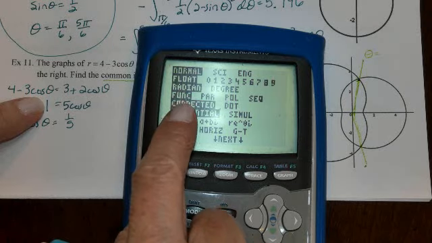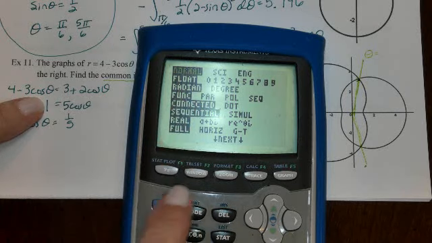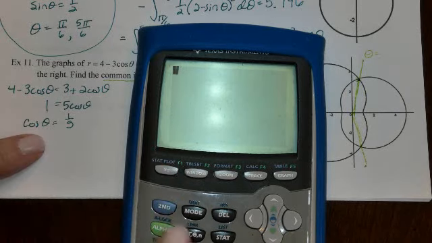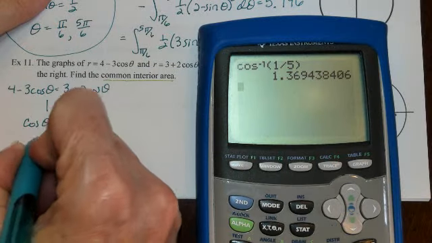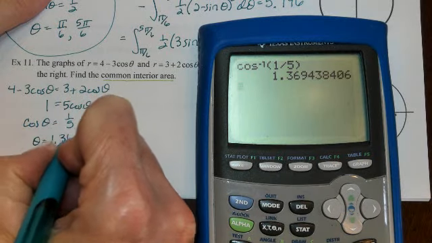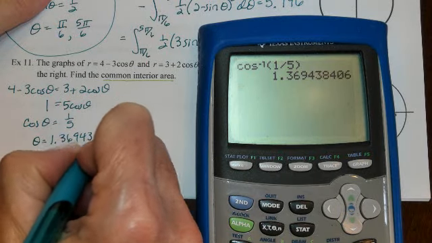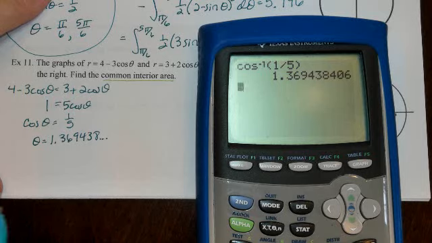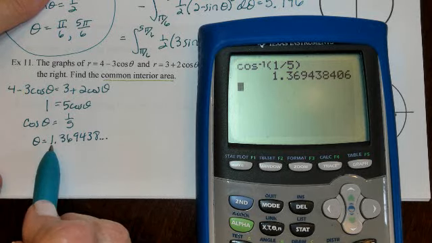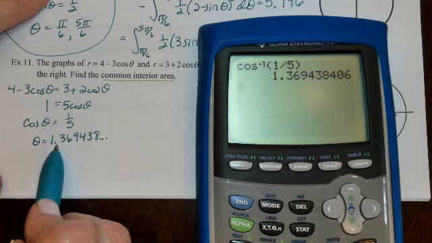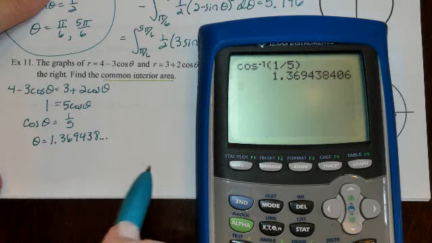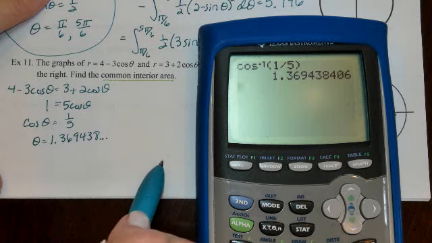But here arc cosine is the quickest. So theta is equal to 1.369438... Remember, for AP, all you have to write is 3 decimal places, but your answer has to be accurate to 3 decimal places.